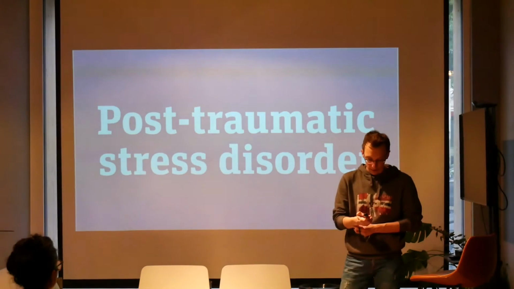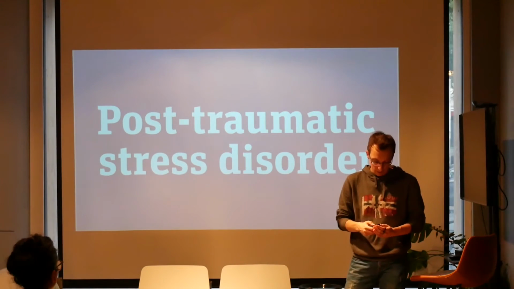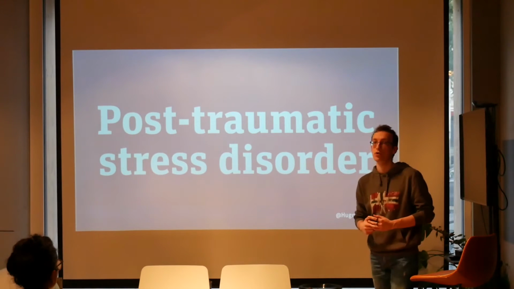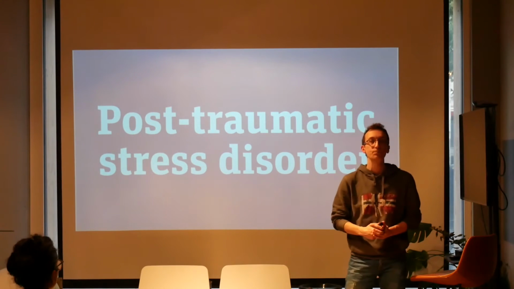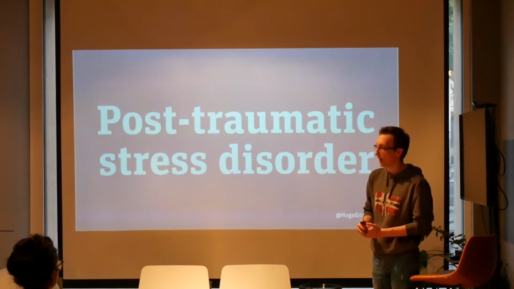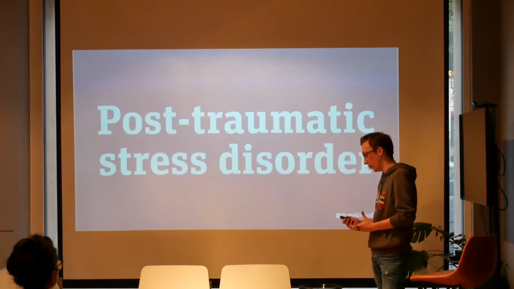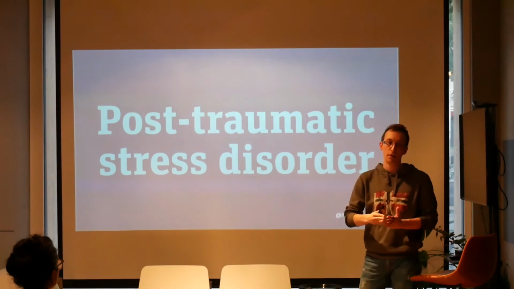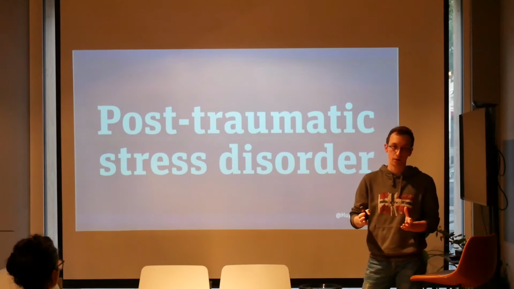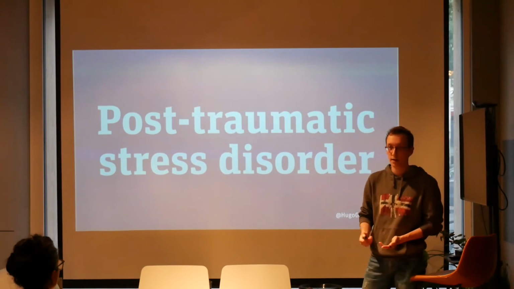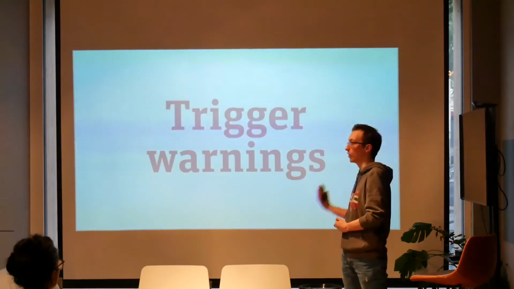Another difficult topic is PTSD, post-traumatic stress disorder. It is difficult because we have no idea what our users went through, and we should not make assumptions about that. We can't know, and the best we can do is narrow down a set of topics that are possibly sensitive. And for that, emit trigger warnings.